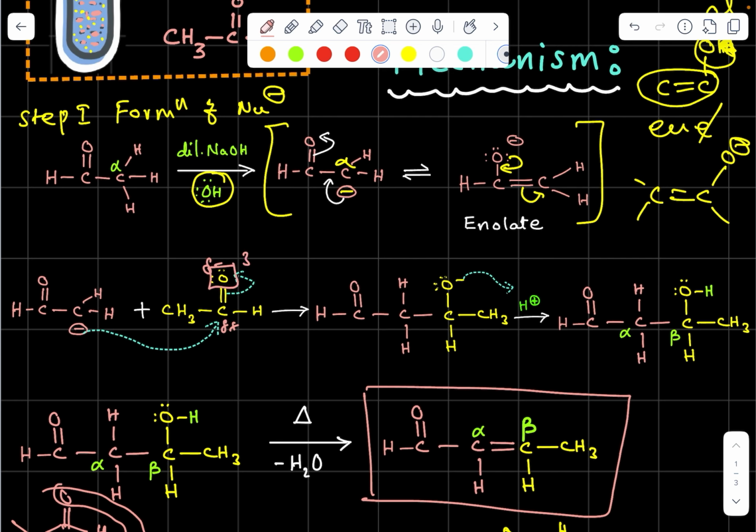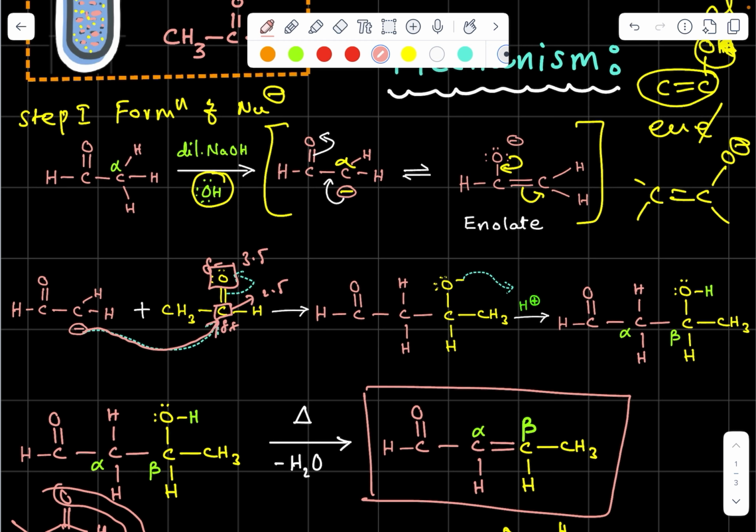The reason is oxygen has an electronegativity value of 3.5 and the carbonyl carbon has an electronegativity value of 2.5. That's why in every carbonyl compound the carbon acts as an electrophilic center. Therefore, the negative charge approaches the electrophilic center of the carbon.